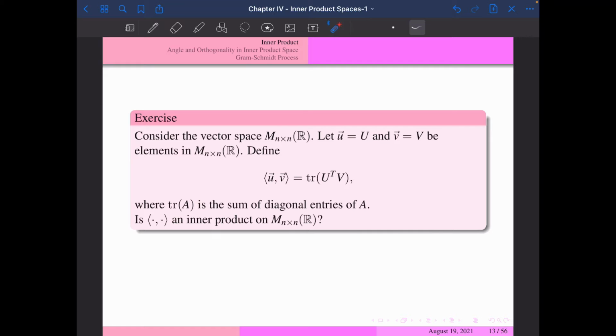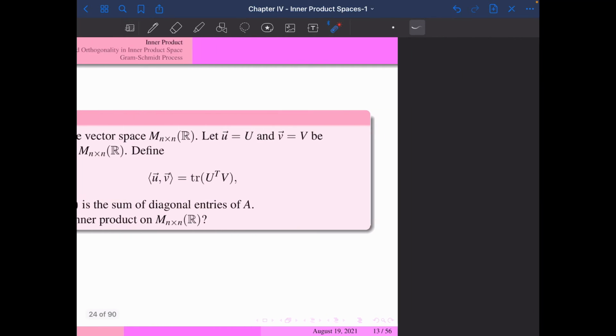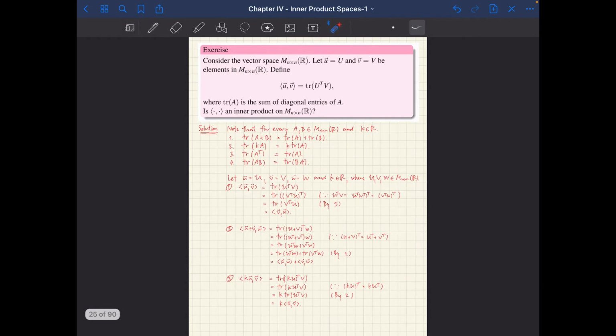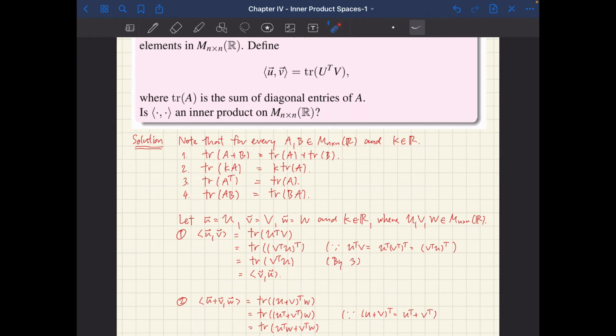Before we show this, I need to recall that the trace of a matrix has four properties.